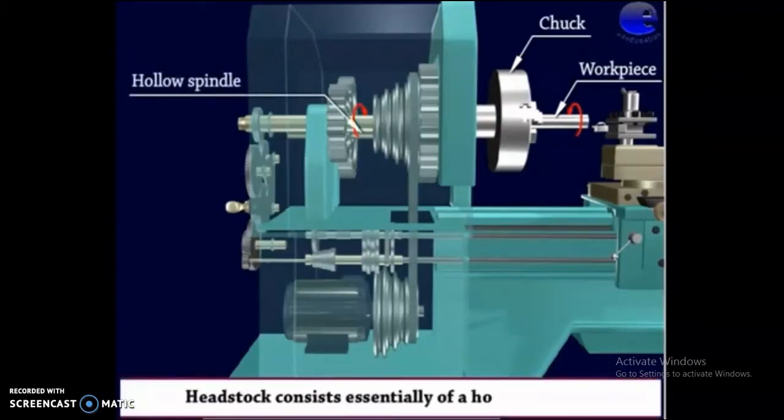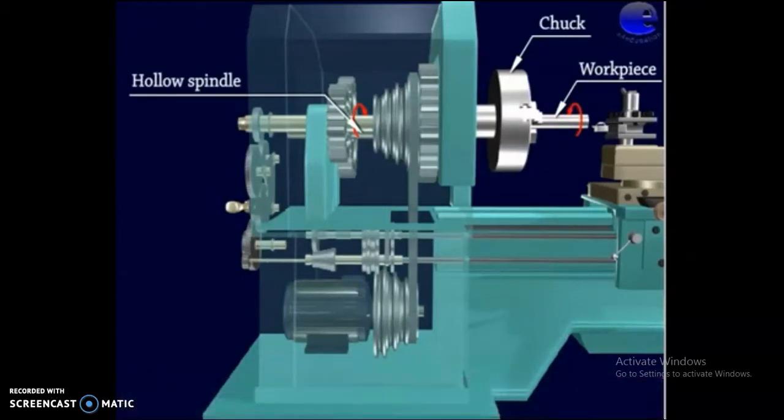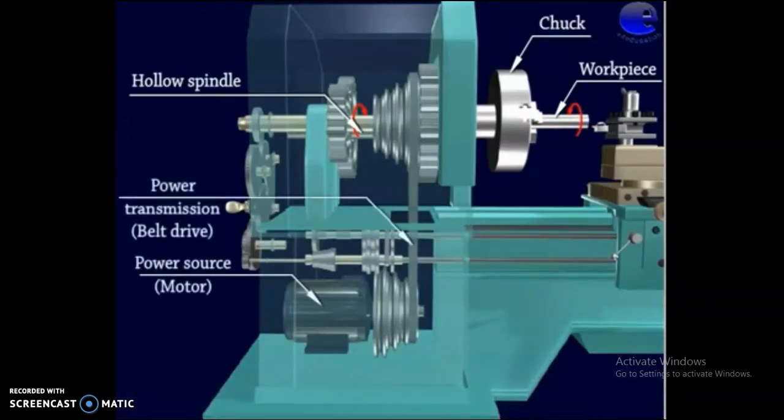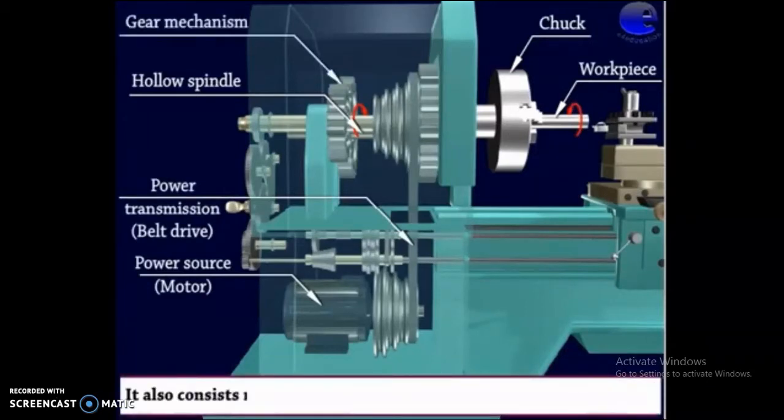Headstock consists essentially of a hollow spindle. Power source, that is the motor. Power transmission, that is a belt drive. Gear mechanism. It also consists of a mechanism for driving and altering the spindle speed.